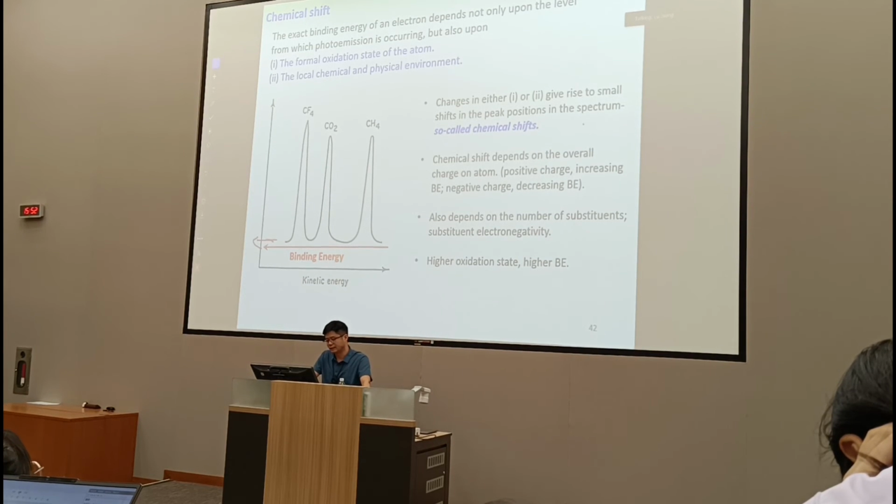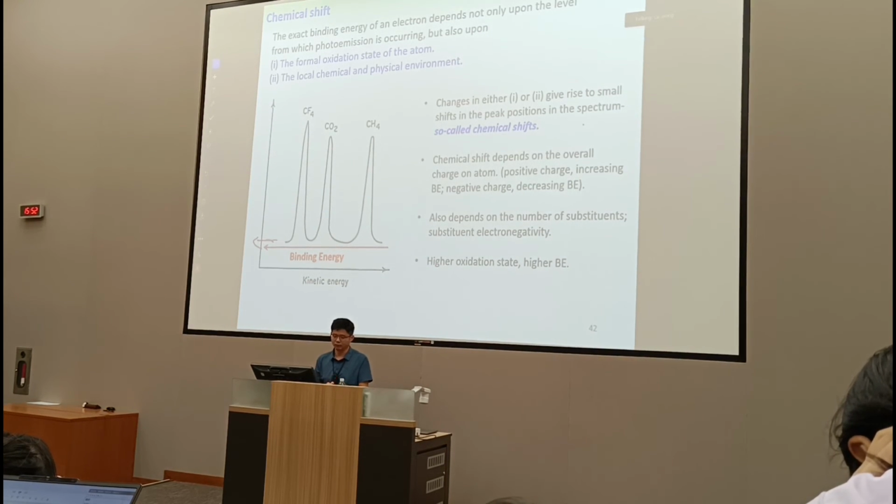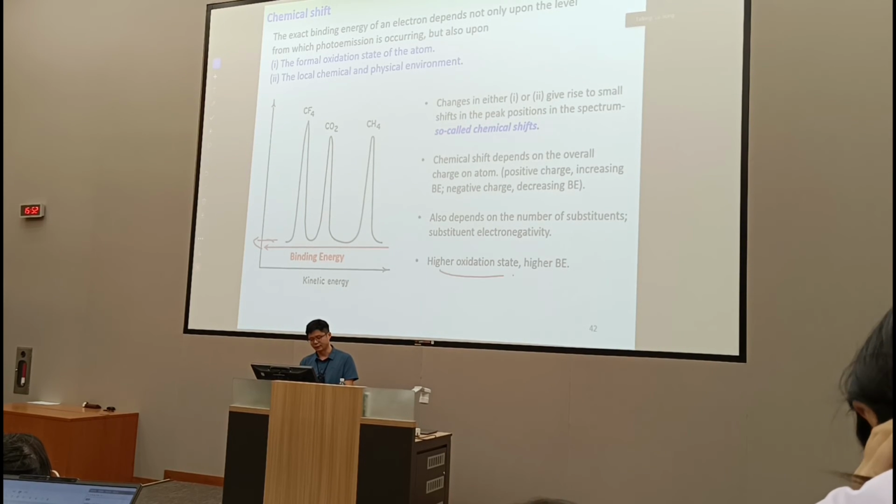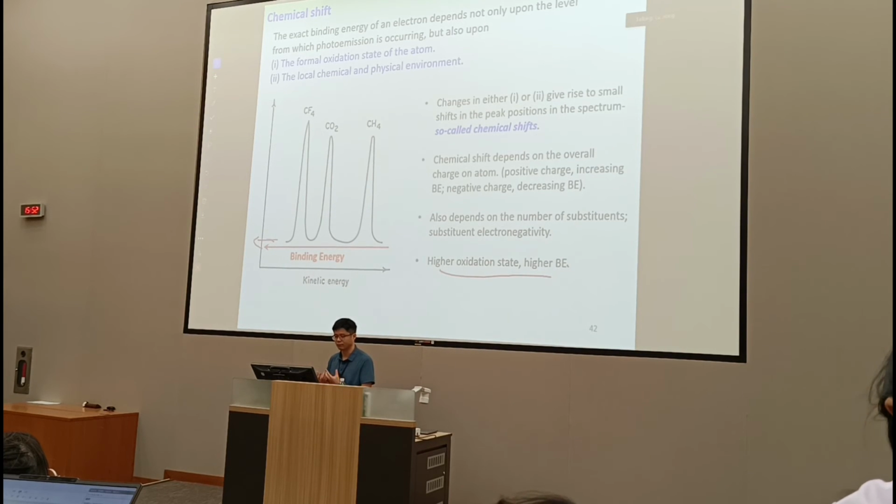So the change in the chemical environment, the oxidation states of elements, the local chemical physical environment changes the binding energy. This provides a fingerprint to tell you the environment of your element inside your compound, inside the solid, right? So high oxidation state, high binding energy. High oxidation state of carbon means the carbon itself is more positively charged, right? So the chemical shift depends on the overall charge of your atoms.